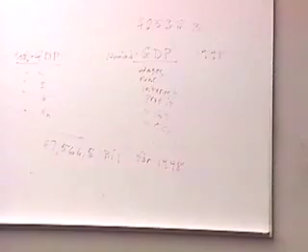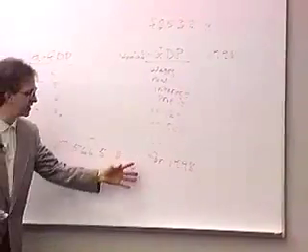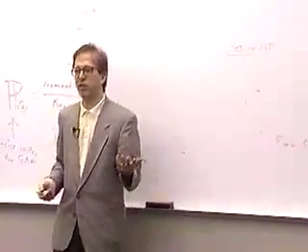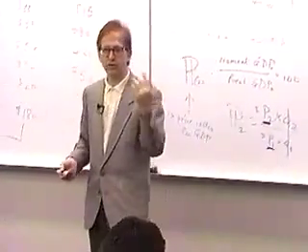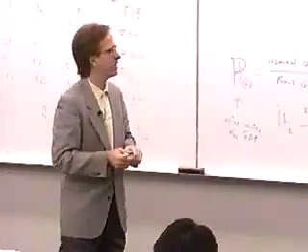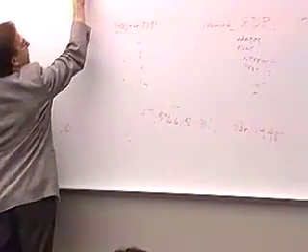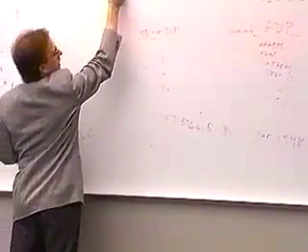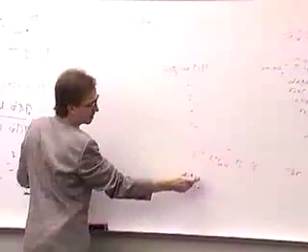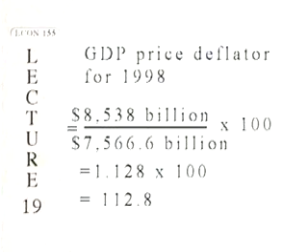Here's what we've got: for the same year, 1998, we've got two measures of GDP. One of them is real, one of them is nominal. So what we'll do is divide the nominal, the 8538, by 7566. Those are both in billions of dollars. And I'm saying that's times 100. That should be the price index for 1998.